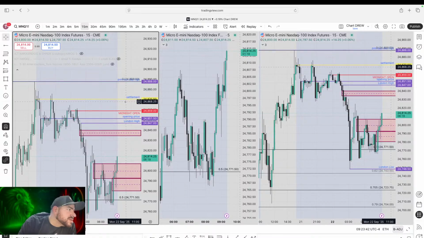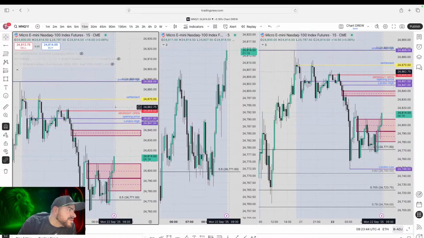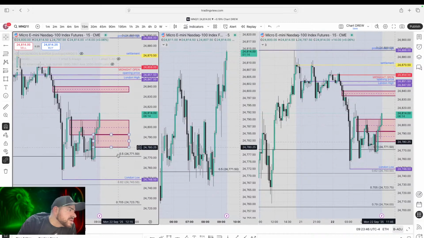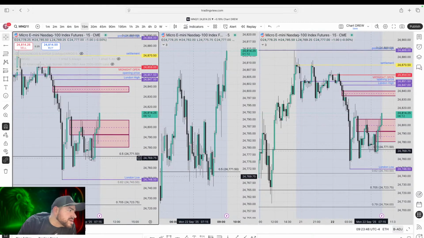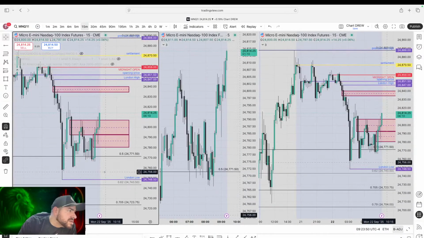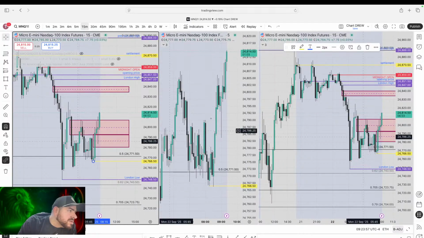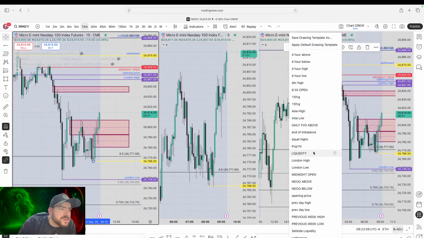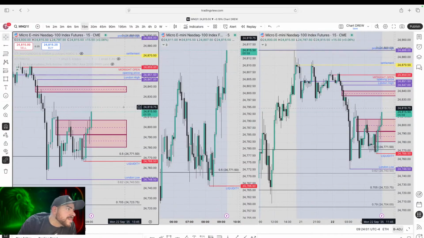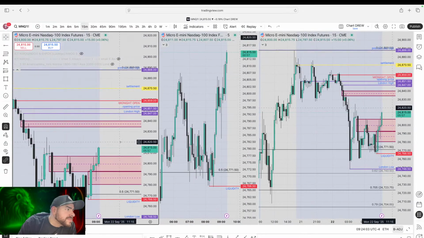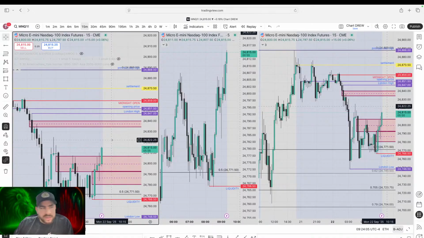I don't quite see anything that's super obvious, except for these, I guess. This right here looks kind of decent. Right there's a good liquidity level. We'll just mark that out.